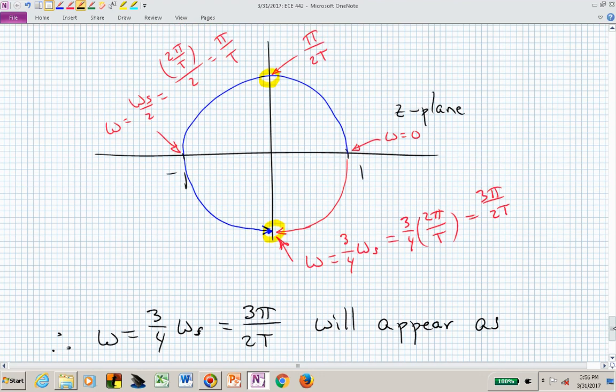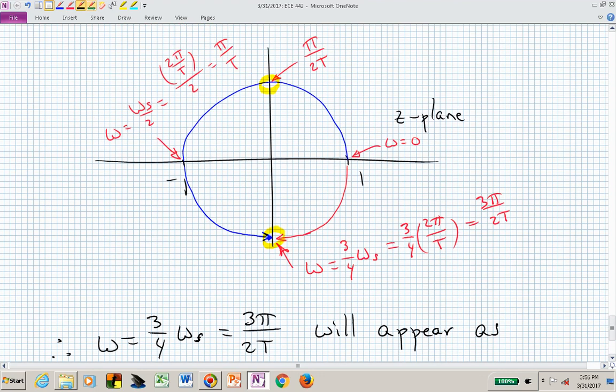If we had a frequency that was mapped all the way over here, let's say it went all the way around to there, then another way of thinking of it is it would be down by that distance, or now it would look like a frequency between 0 and pi over 2T.